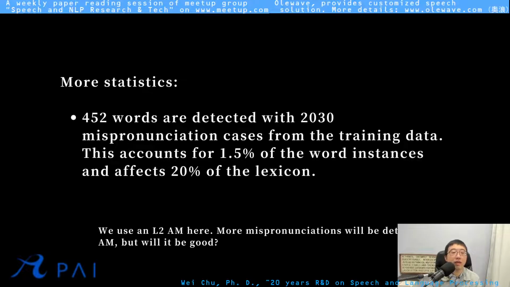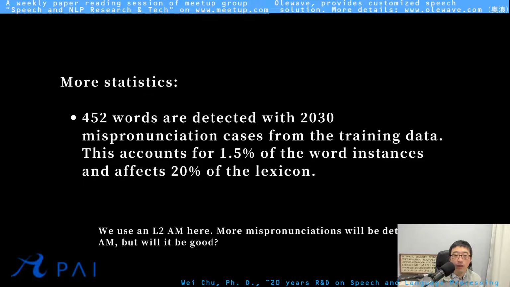There are some more statistics if you're interested. In the training data, about 500 words are detected with about 2,000 mispronunciations. So you can see that each word can have multiple mispronunciations, like absolute, absolute, absolute.